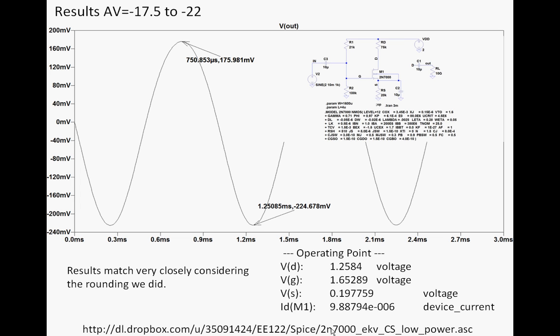You can download this file and modify it. You don't have to create it yourself. And so you get basically a gain of -17 to -22, depending on which part. Now I could get the gains closer if I reduced VIN, but that's inherently what happens when you short the series resistance here, or the source resistance, excuse me.